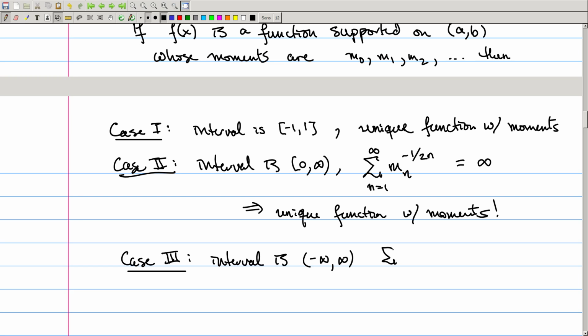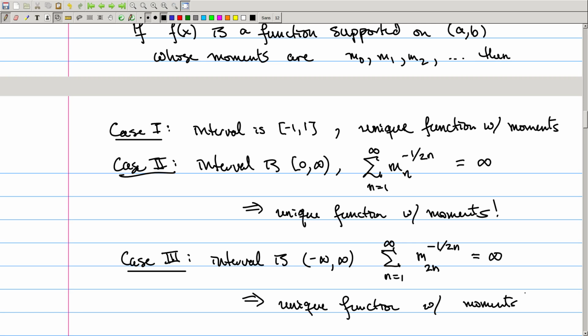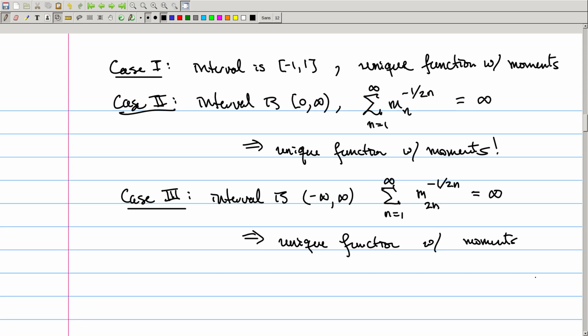And what we need is the sum from n equals 1 to infinity of all the even moments to the power of -1 over 2n to be equal to infinity. And that implies that there's a unique function with those moments. So the condition we're looking for is kind of a condition that the moments are growing fast enough. And that's a pretty thorough answer to that first question.